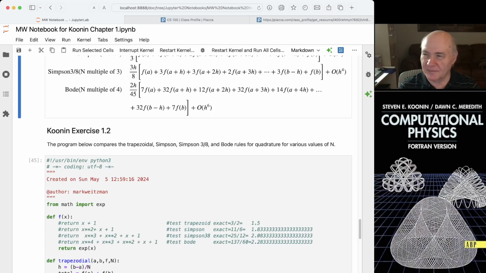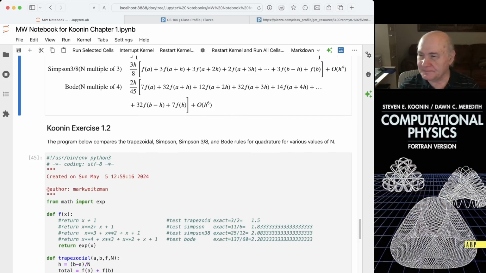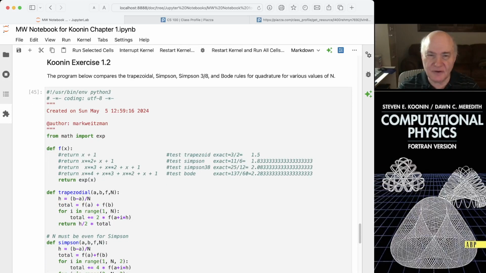The interesting thing about this formula is that this may be the last formula of this type, called Newton-Cotes formulas, which has all positive coefficients. I'm not 100% sure about this, but I think the next formula after this has some negative coefficients, and that leads to numerical instability.